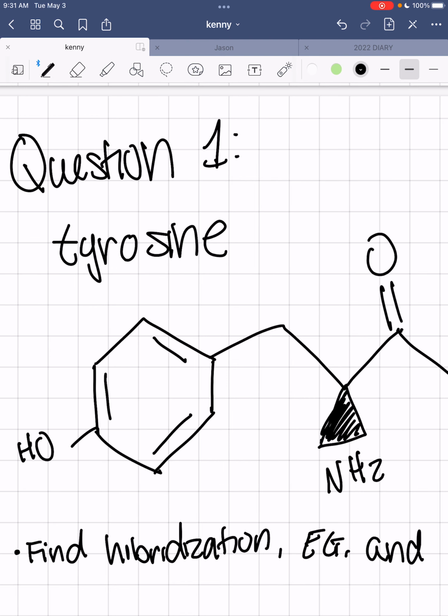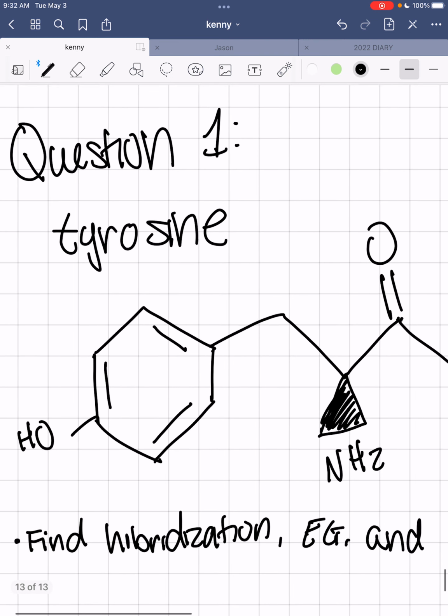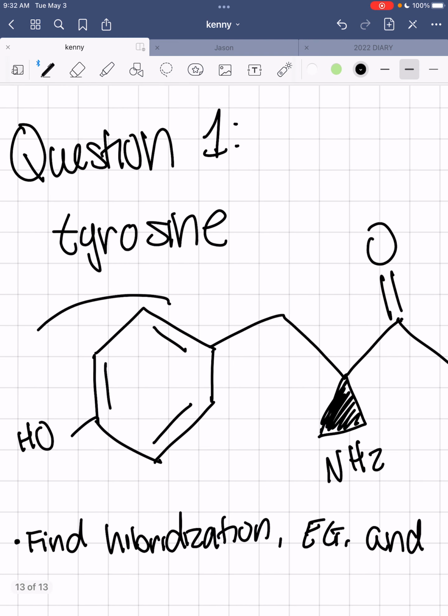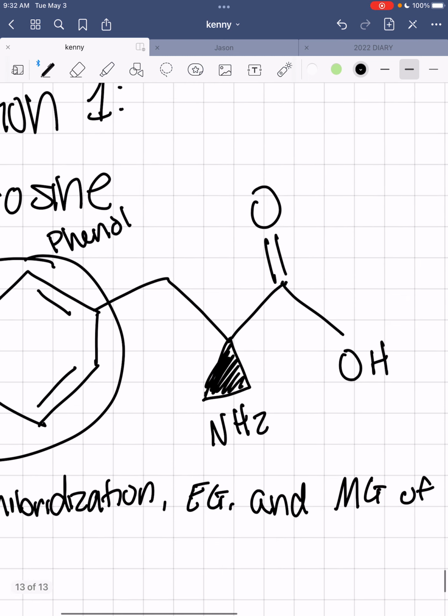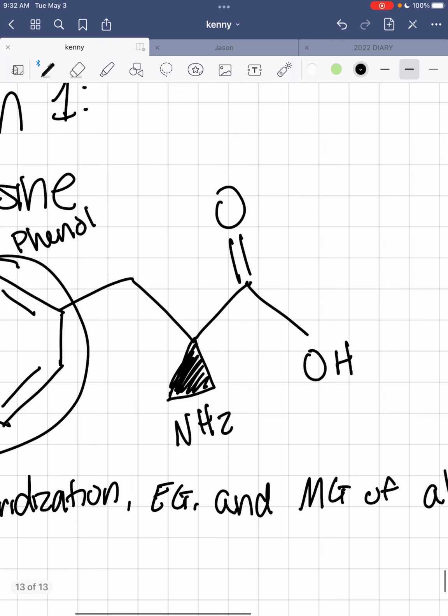Usually you grab your functional group table and try to find which functional group each one is. So I'm just going to identify them. This would be phenyl. This would be amide.